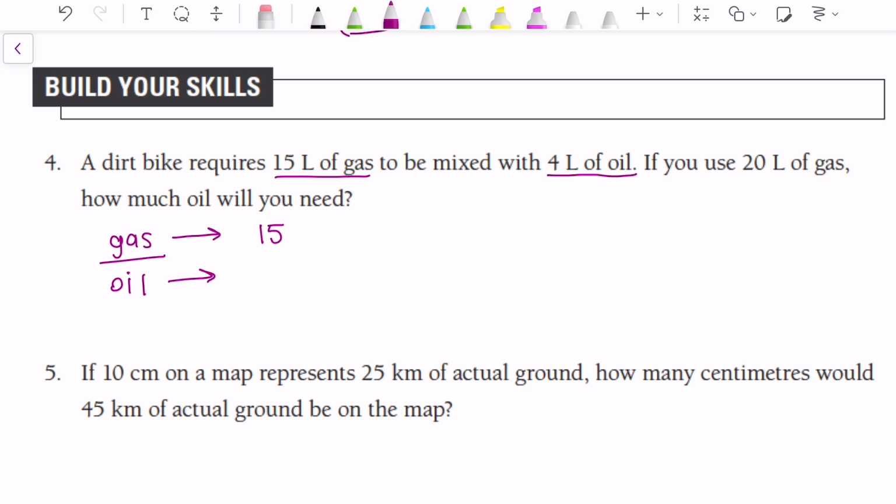We can just leave it like that. And 4 liters of oil, and then we set it equal to, we're looking for 20 liters of gas, which would be at the top, right? Because gas is on the top. And how much oil do you need? Something we don't know. We put an x.